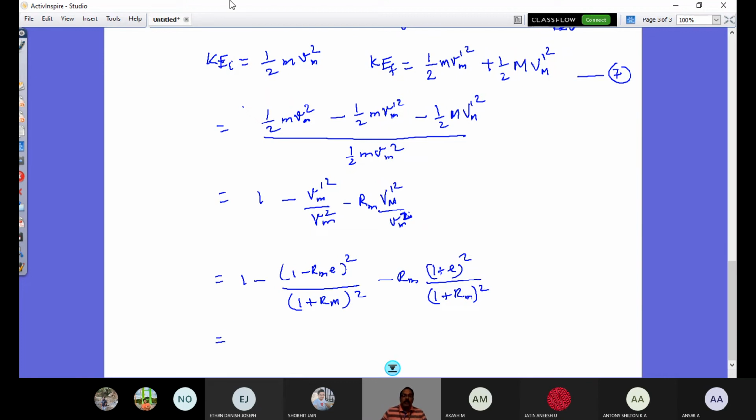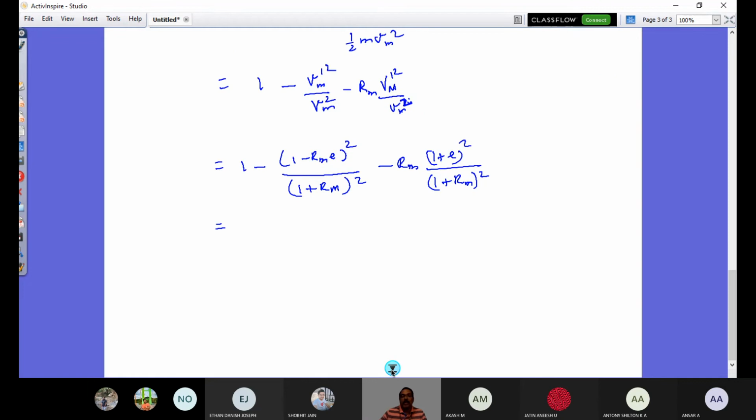And then now let me just do rearranging. I can also give you as a work. Anyhow, let us do it here now. Let me take this LCM, 1 plus Rm square, and it's going to be 1 plus Rm. So I'm expanding that terms, right? The 1 plus Rm square is going to be what? 1 square plus Rm square plus 2 Rm into 1.